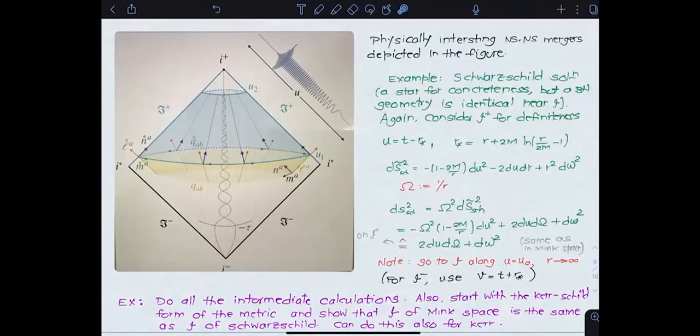What we have is that the physical space-time is everything inside, and the boundary that I've attached is this. Of interest for us is the region at infinity, which is called scri plus up here. Radiation is emitted along these red lines that are depicted up here.